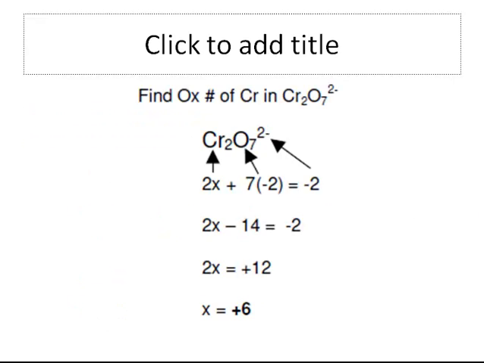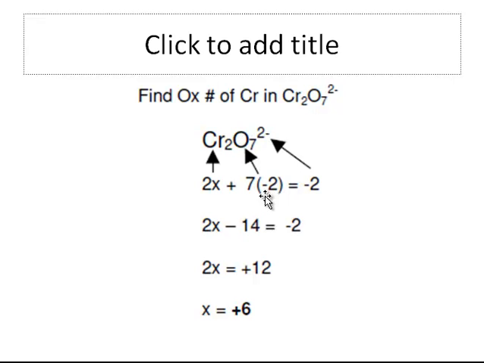So let's say we want to determine the oxidation number of Cr in Cr2O7, and the charge on this total compound is -2. Same thing: we write down -2 on the right hand side, and oxygen always has a charge of -2.